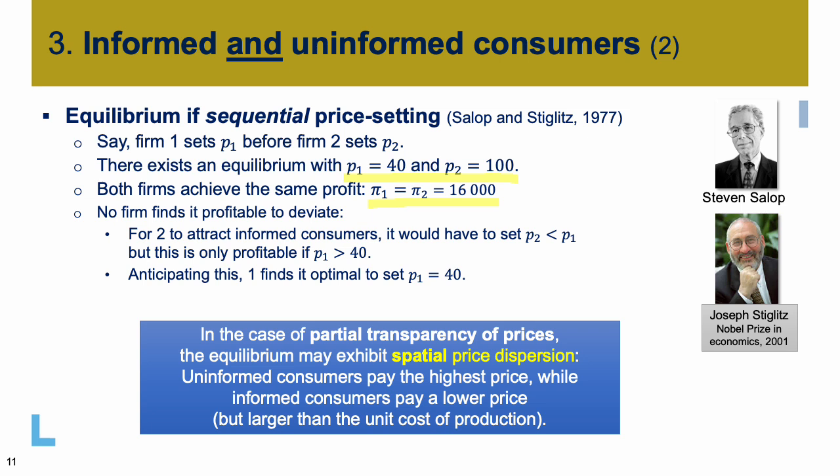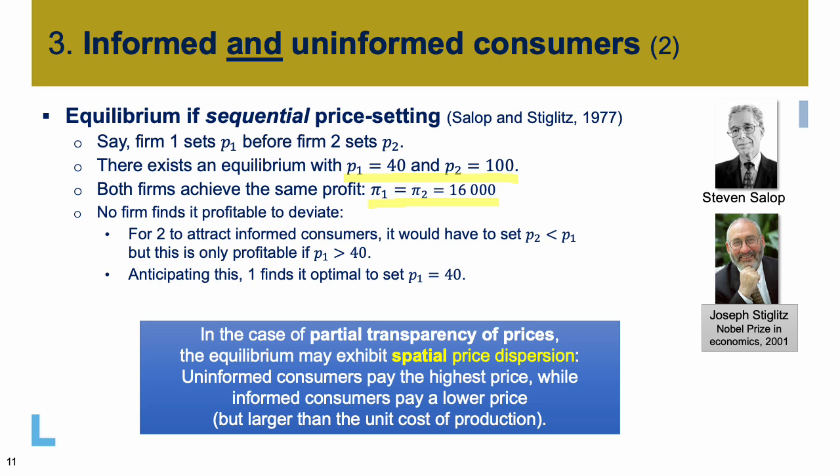Now, why is this an equilibrium? We'll start with the last part of the game, where firm 2 has to decide its price, while firm 2 observes that firm 1 has set a price of 40. Then firm 2 thinks, well, if I want to attract the informed consumers, I would have to set a price lower than 40. But if I do, I will make a profit less than 16,000.